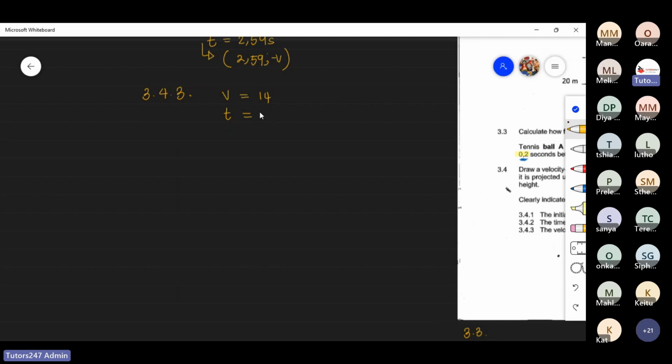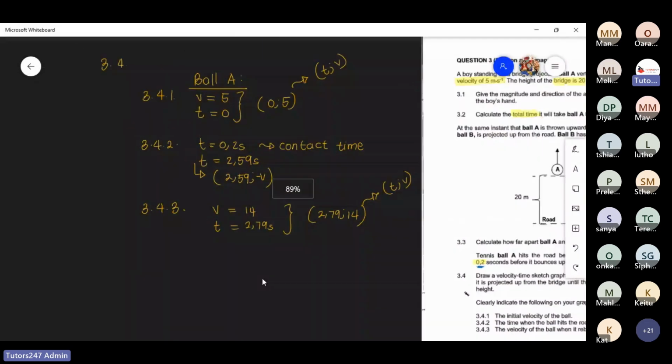If we put this into a coordinate, it's going to be x first, which is time. So it'll be 2.79. And then our y value, which is velocity, which will be 14. Keep in mind, it's time, then velocity. So that is all the important information that we need to show on our graph.